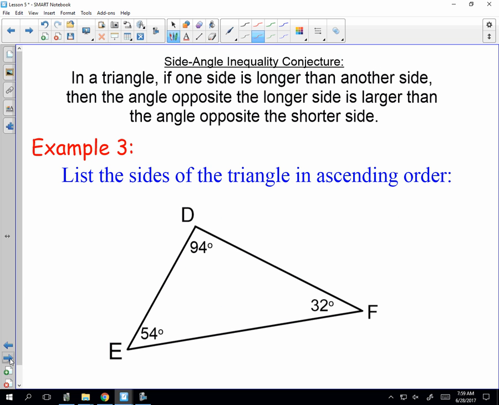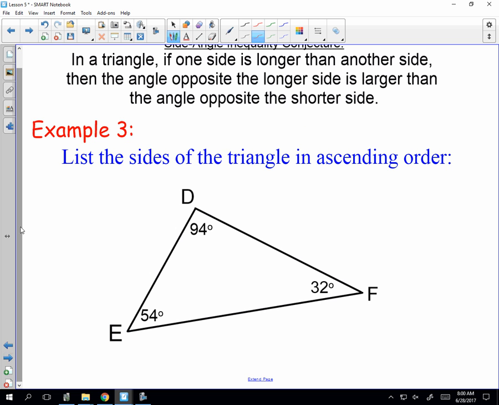Okay, now, the next thing that we're going to look at here is what's called the side angle inequality conjecture. So in any triangle, if one side is longer than another side, then the angle opposite the longer side is larger than the angle opposite of the shorter side.